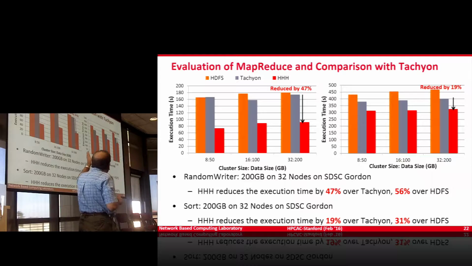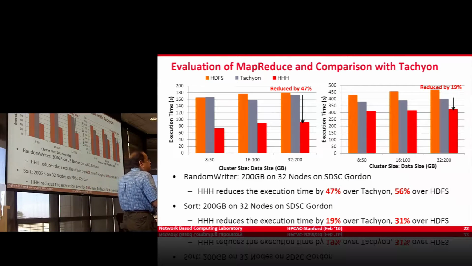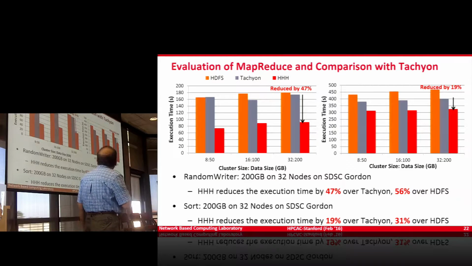Then some of you might know that Spark also has an equivalent kind of file system, which is called Tachyon. How many of you have heard of that? Okay. So Tachyon has this in-memory capability also. So we tried to compare our HDFS in-memory with Tachyon. That's what you will see here. This is the HDFS, this is the Tachyon.